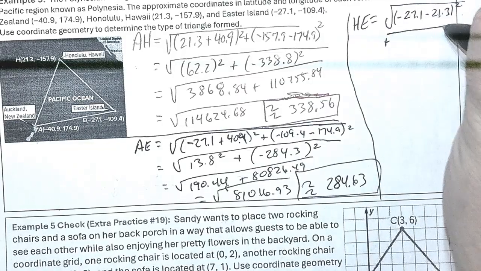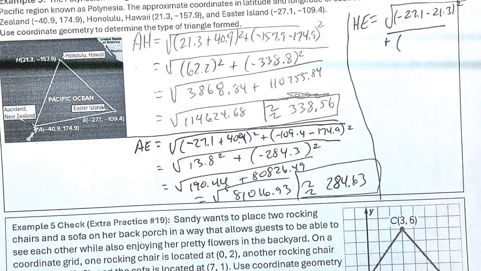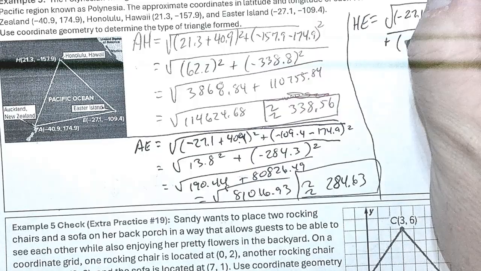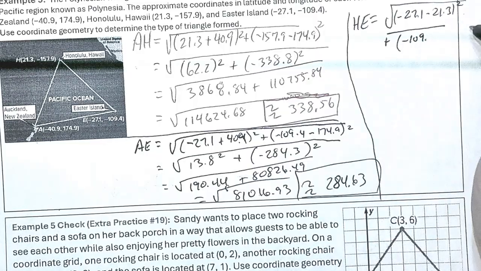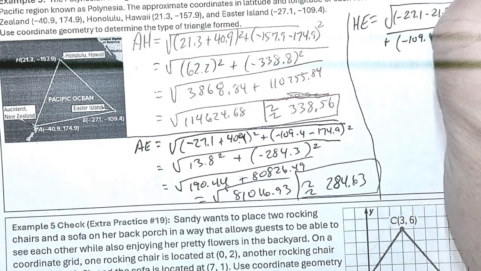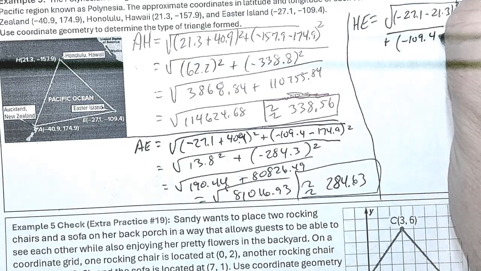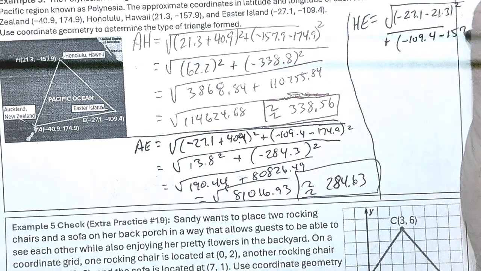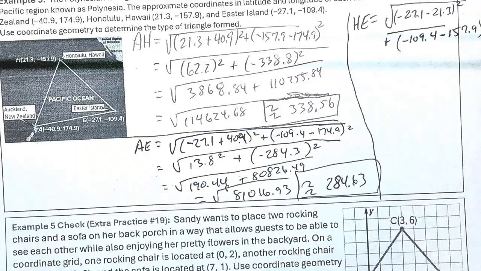So this is the continuation of this up here. The y's are negative 109.4 minus 157.9. So let's move all this over here.